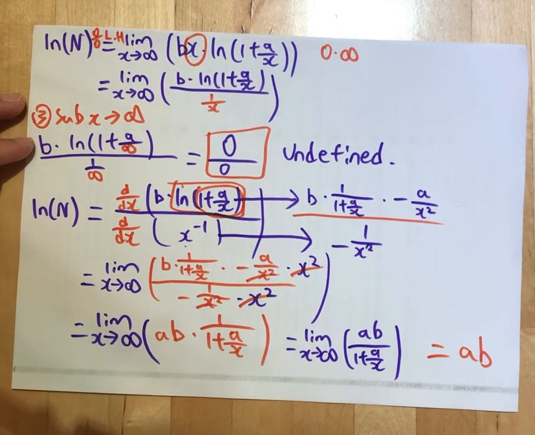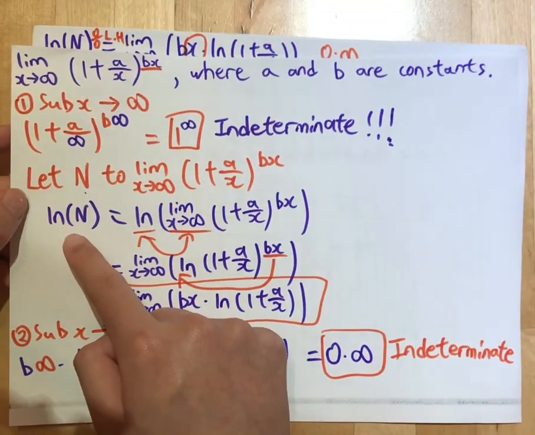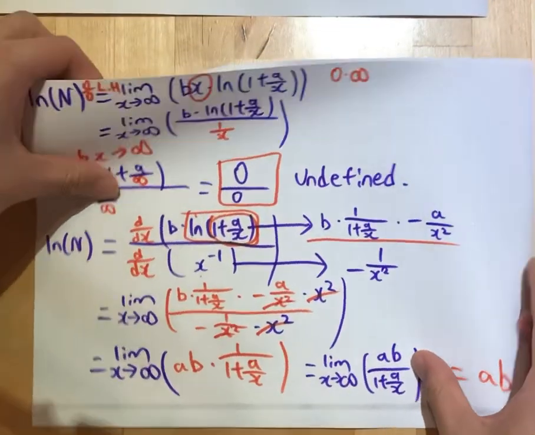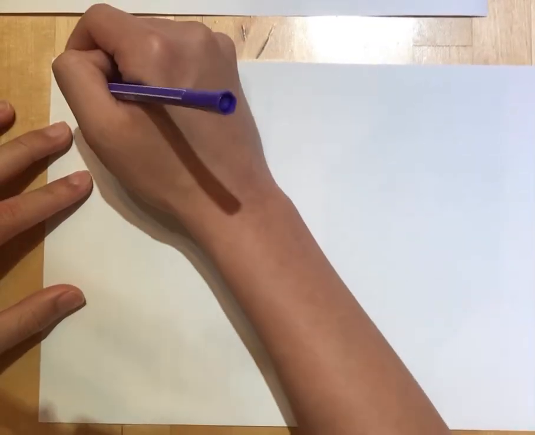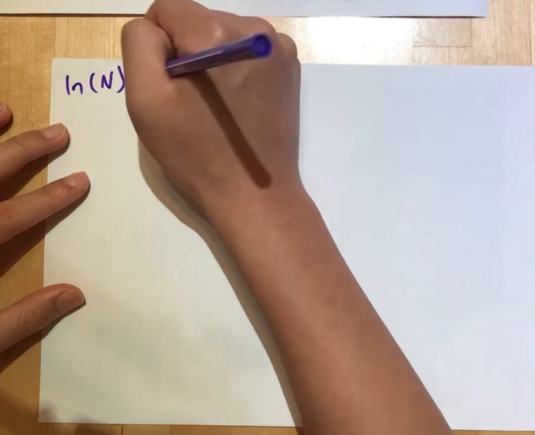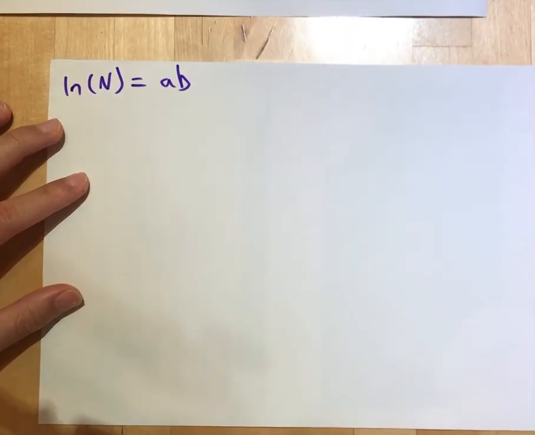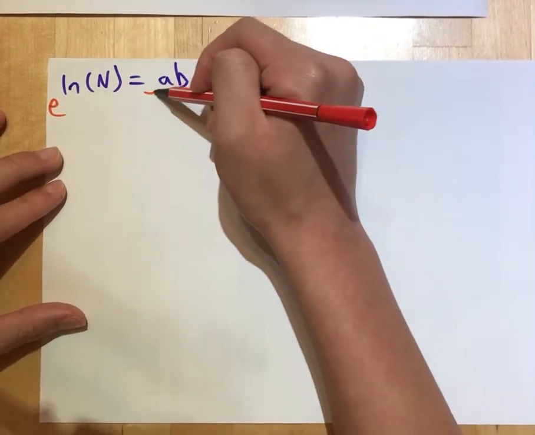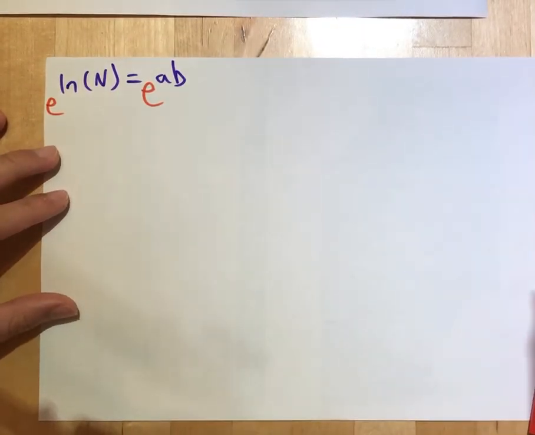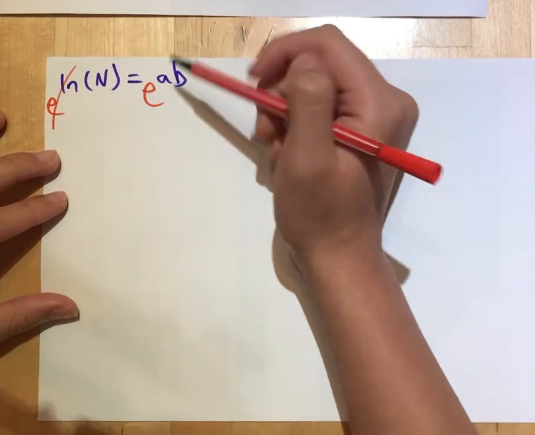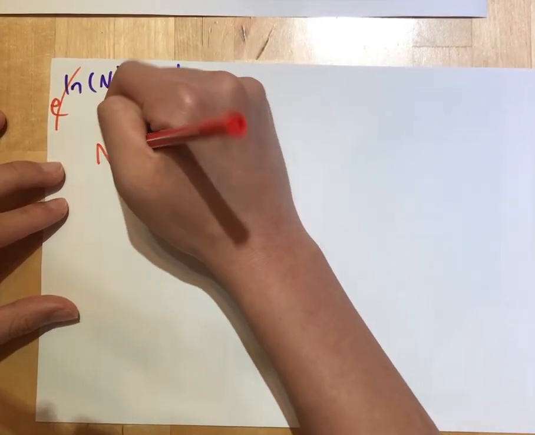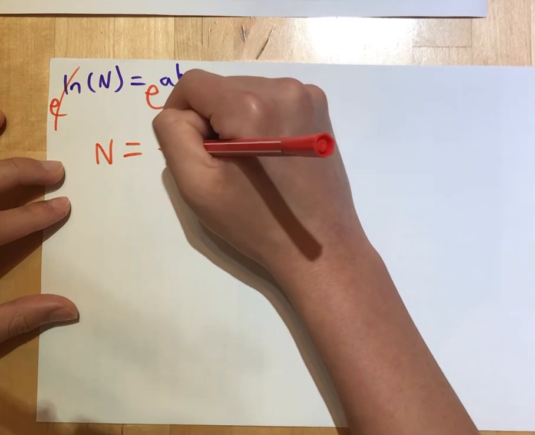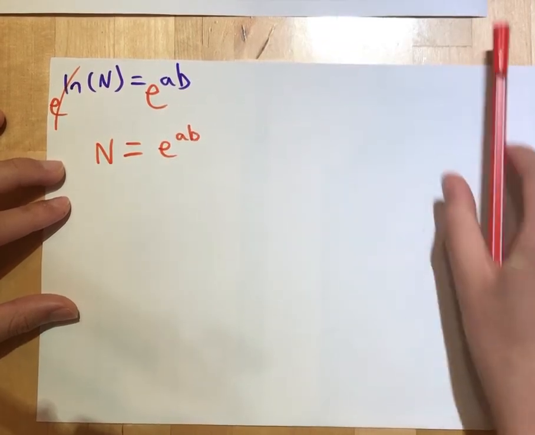Now, actually we haven't finished the problem, because do you remember, we took the natural log at the beginning, so that means the natural log of the solution equals ab. And then to cancel out the natural log, we take e to the power of both sides, and they cancel out, so that our final solution is e to the power of ab.